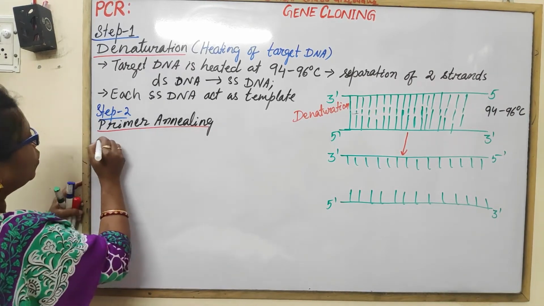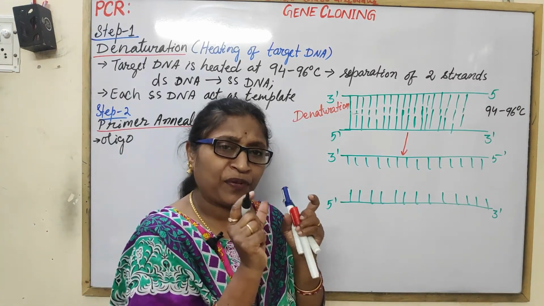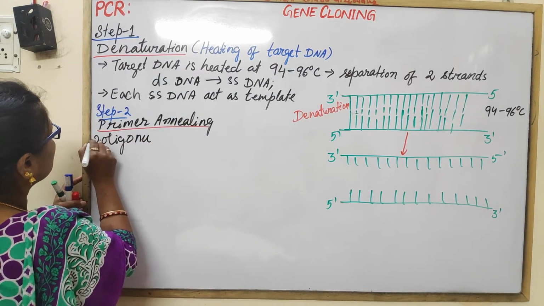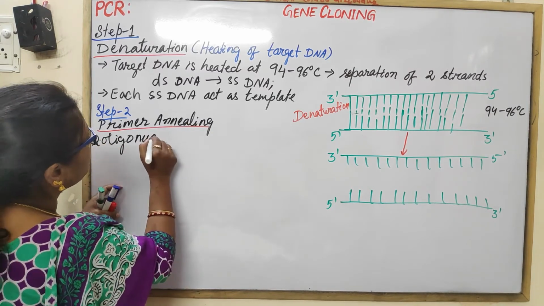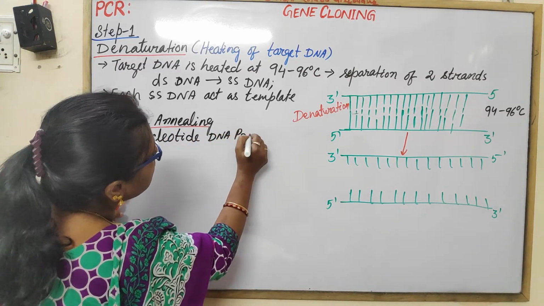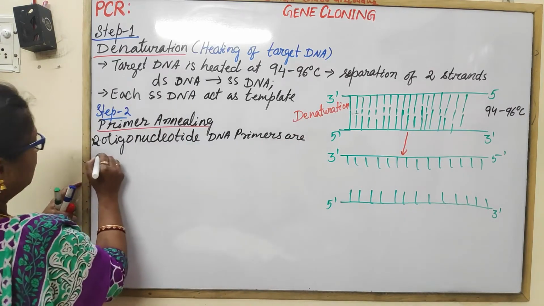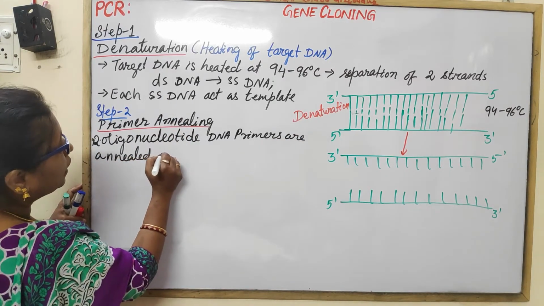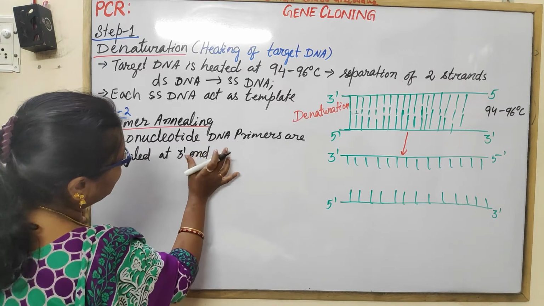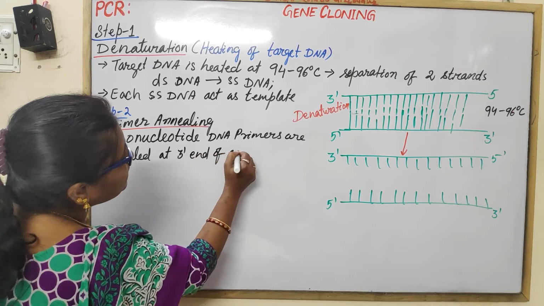The primer is an oligonucleotide with a length of a few nucleotides. Two oligonucleotide DNA primers are annealed at the 3 prime end of each strand.